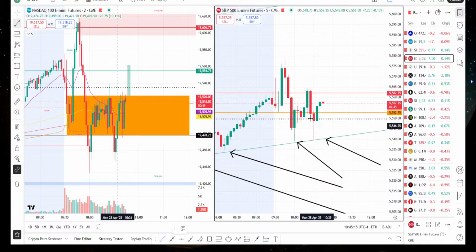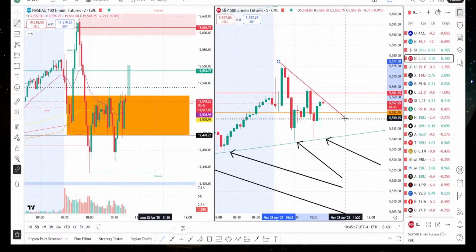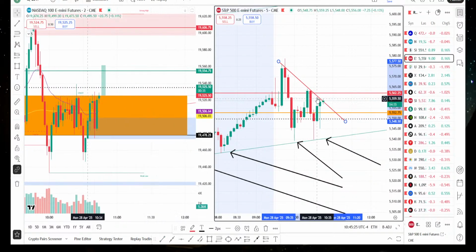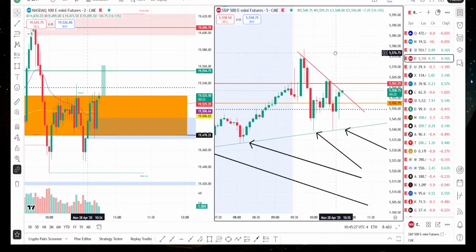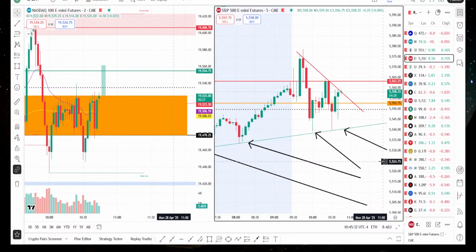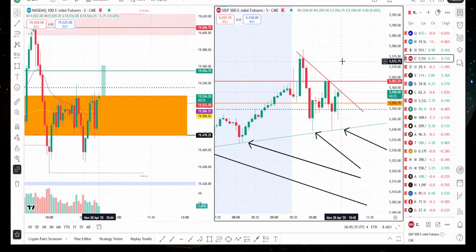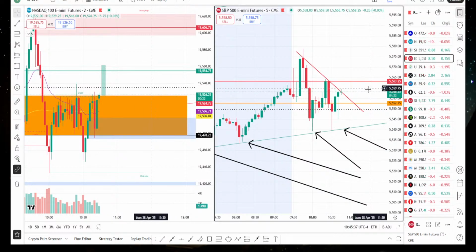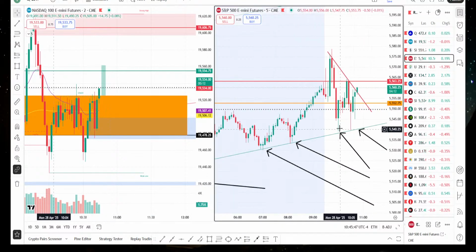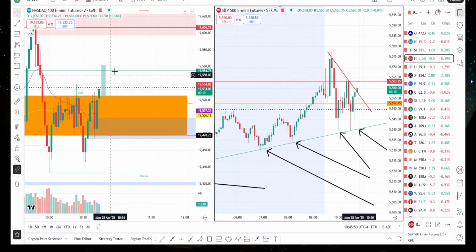It looks like we built up a bit of a trend line here on the ES. The ES is looking like it's clearly going to go up. So if the ES is looking like it's clearly going to go up, most likely the NQ will go up as well.